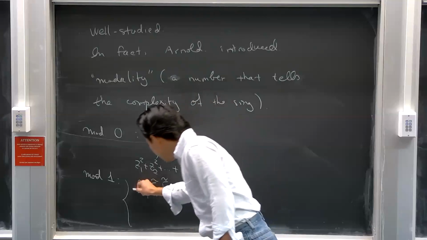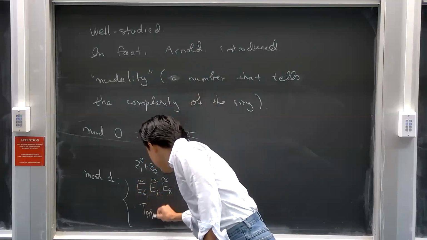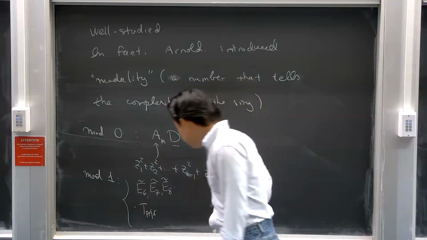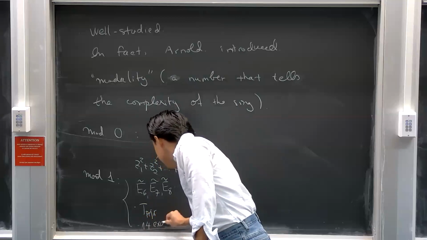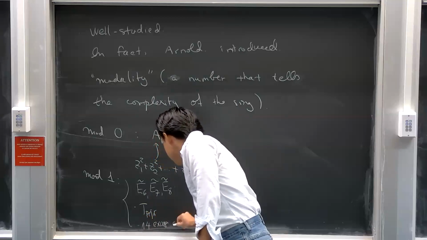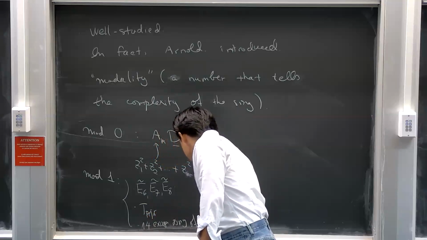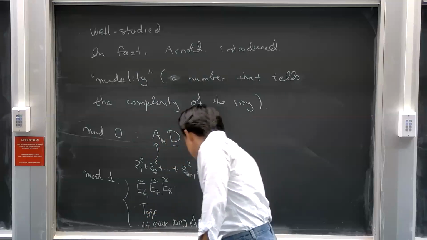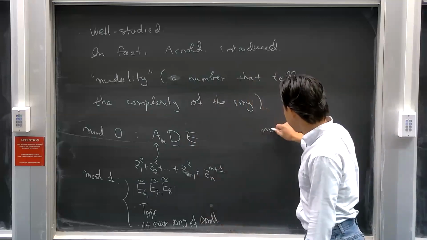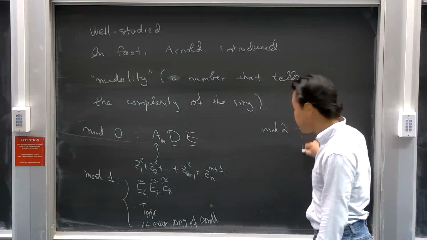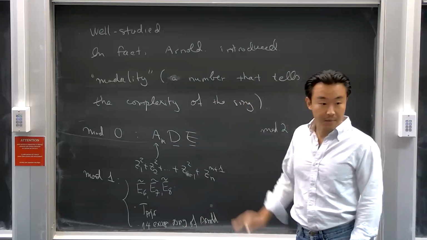The second family is called, I forgot what they're called, but TPQR. And the 14 exceptional singularities have an interesting duality property. And the list continues from modality 2. There are many others, but basically these things have been studied historically.